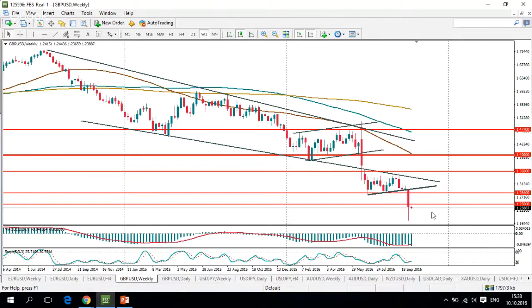So what happened with British pound? We had the more than 6% decline to a 31-year low during the Asian session on Friday.